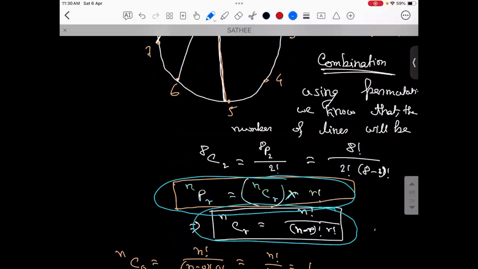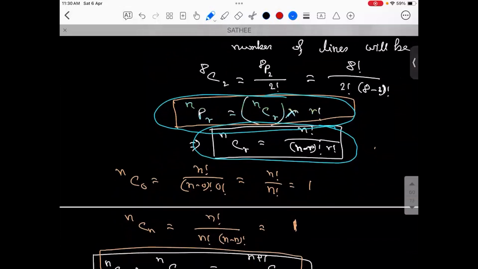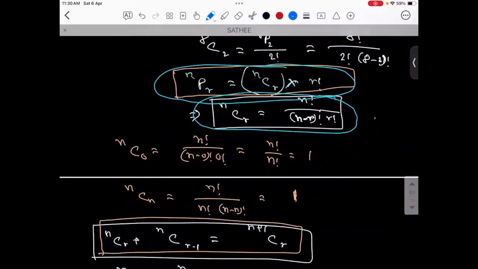After that, we discussed the value of NC0 and NCN. In the previous lecture, we discussed the value of NPN and NP0. These are all required for some special purpose, because in some cases you will need some combination of zero.